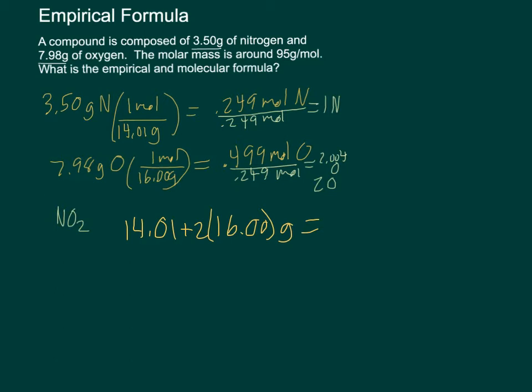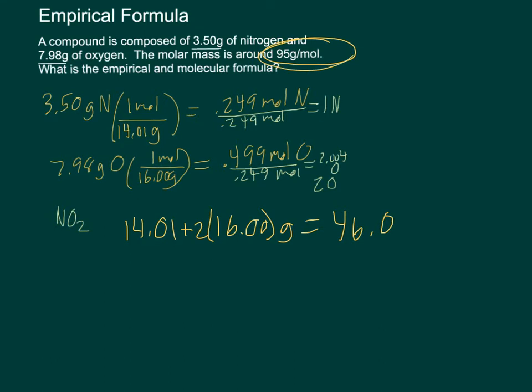So the molar mass of NO2 turns out to be 46.0, really 46.02, in that ballpark. So 46.0 is our molar mass of NO2, and the molar mass of the molecular formula we were given was 95 grams per mole.